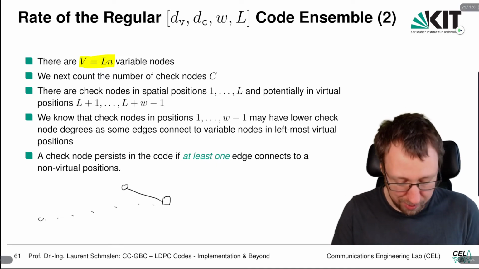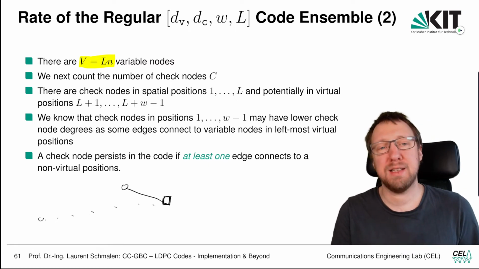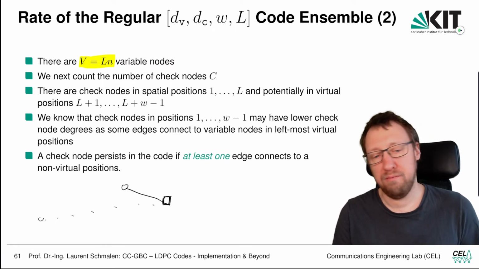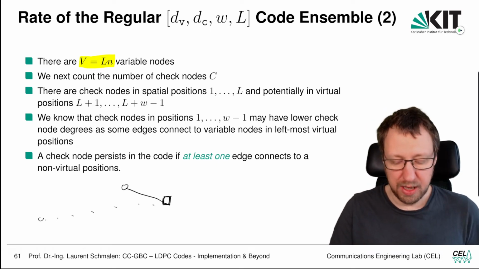What does it mean if a check node has just one connection? It means this variable node must be equal to 0. That's okay. That's a condition that we have, and we can just count these.